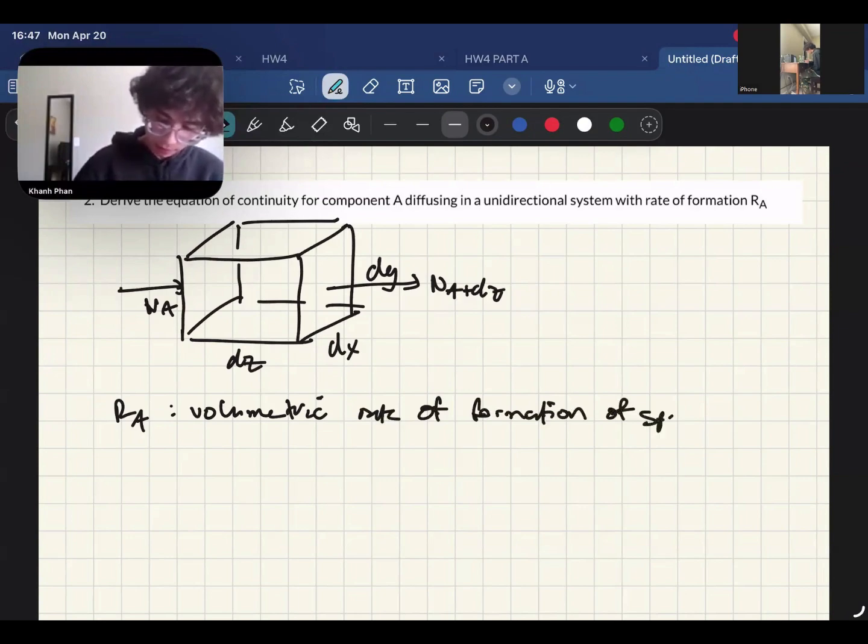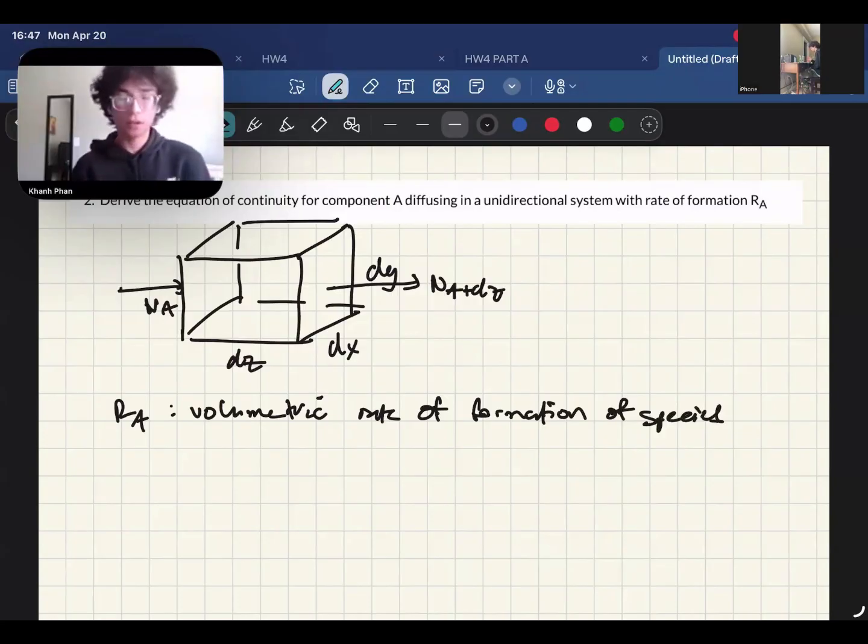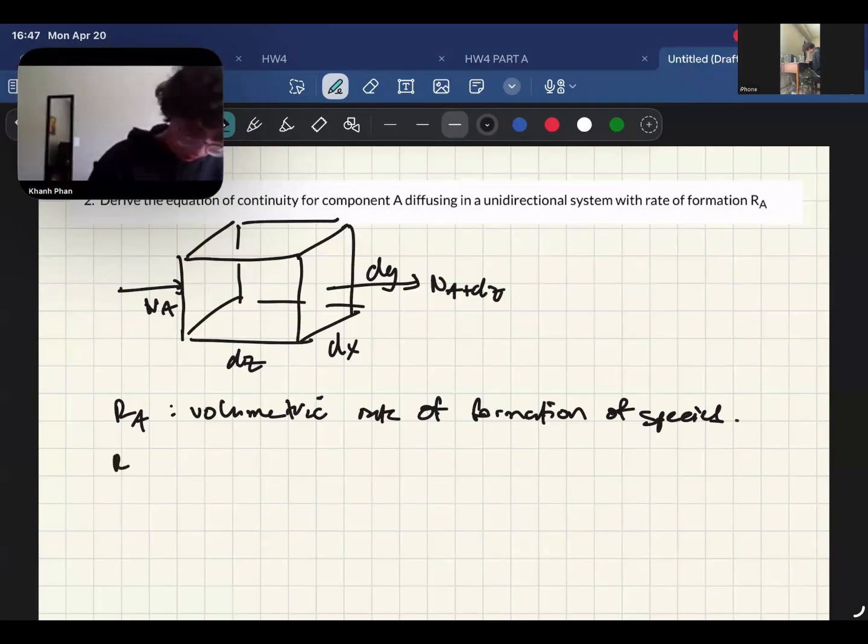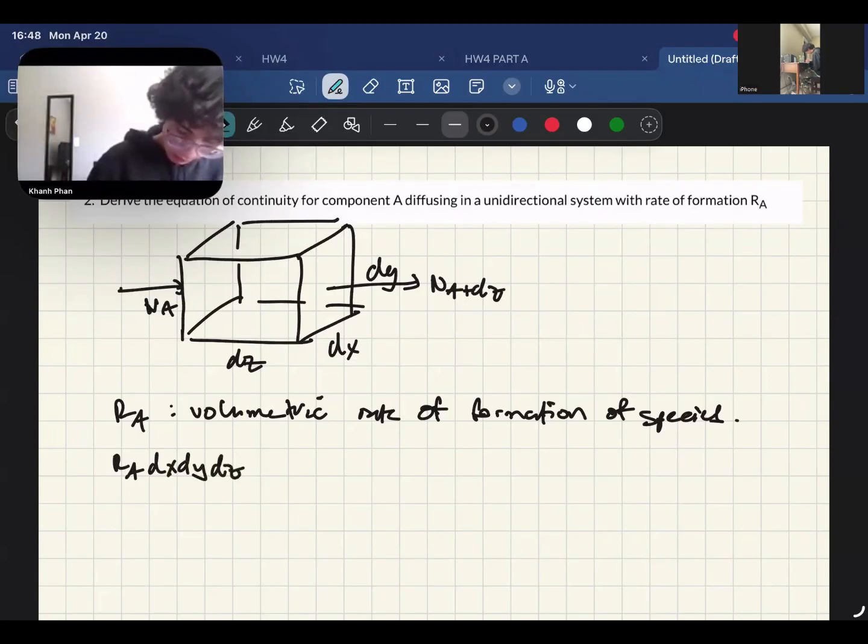of species A. As the molar flux goes through the cube or a certain surface, it's gonna generate or react to form some species A. So we're gonna need to multiply it with the volume dx, dy, dz, and then we're gonna have the in minus out flux.